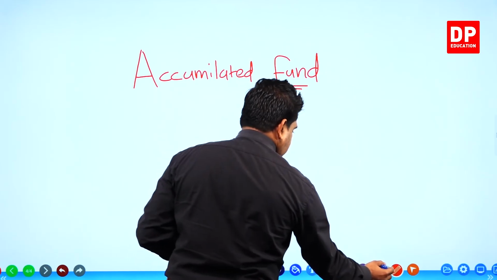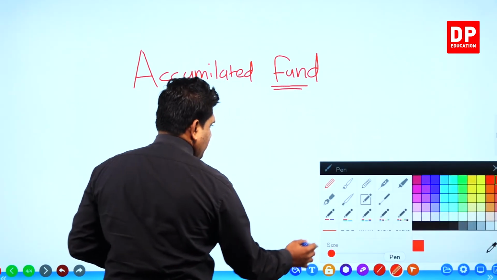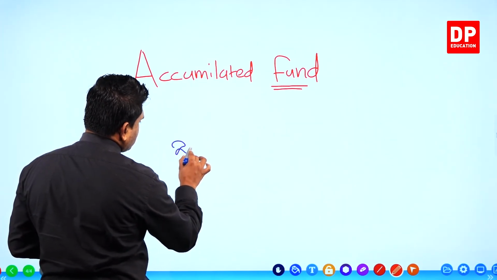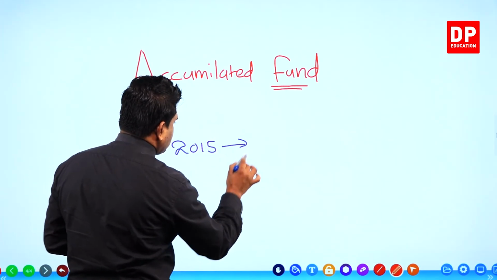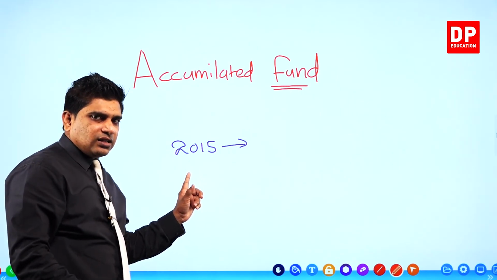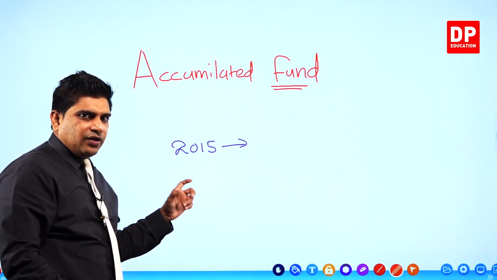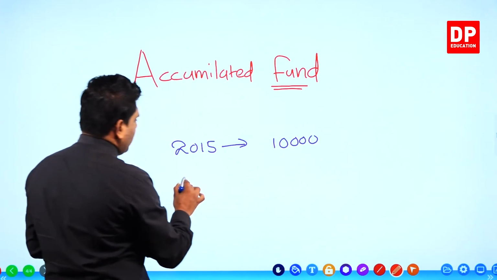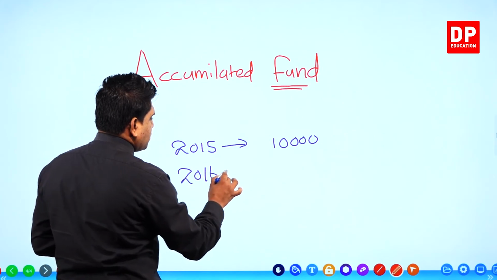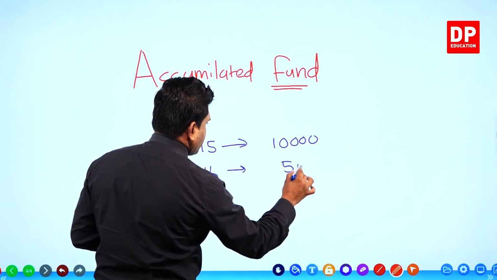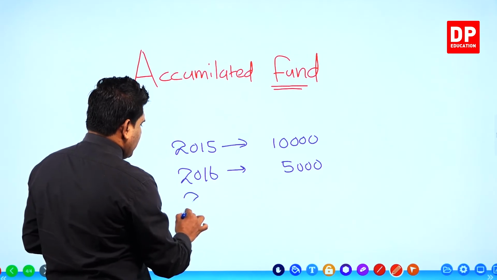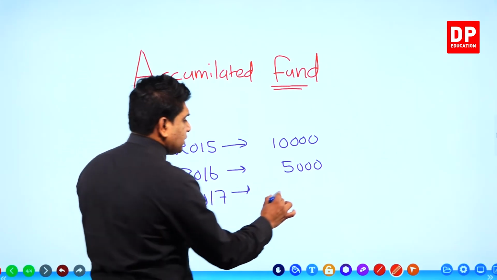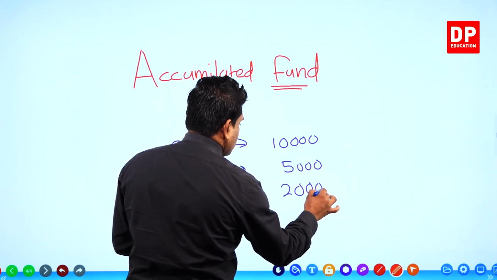Imagine a not-for-profit organization earned a surplus. In the first year, they earned 10,000 surplus. In the second year, they earned 5,000 surplus. When they finished the third year's annual accounting period, they earned 20,000.